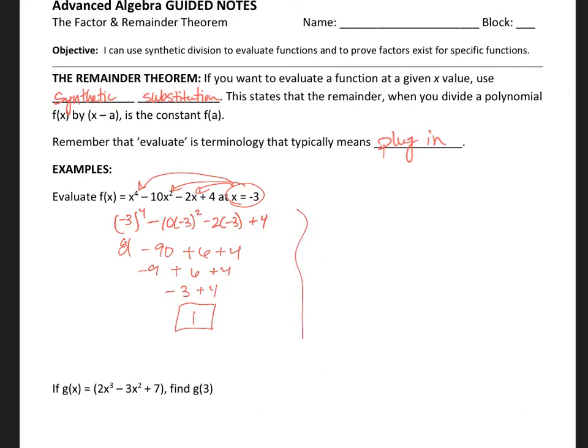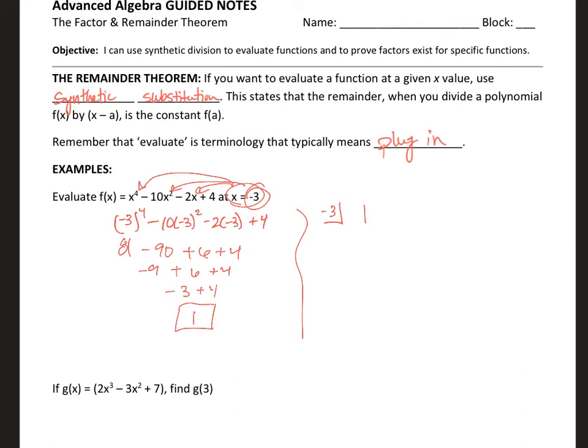Another way to potentially do this is to use what we call synthetic substitution. All you're going to do is literally use synthetic division, and whatever you get for the remainder, that is what you would get if you were to plug that number back into the function. So if we were to use synthetic substitution, the solution, or this number right here, goes in that half box. So you got -3, then the coefficients.